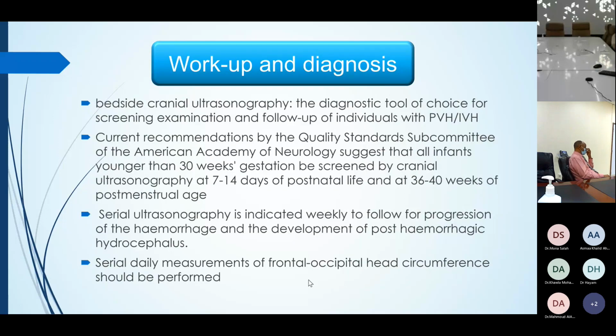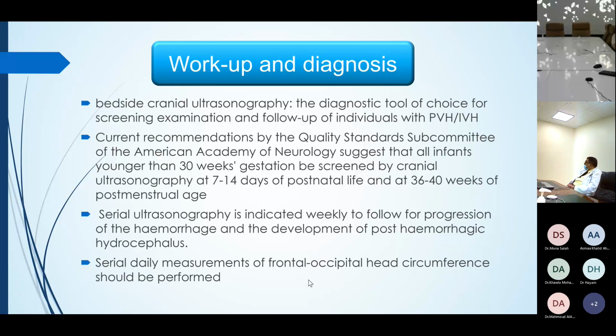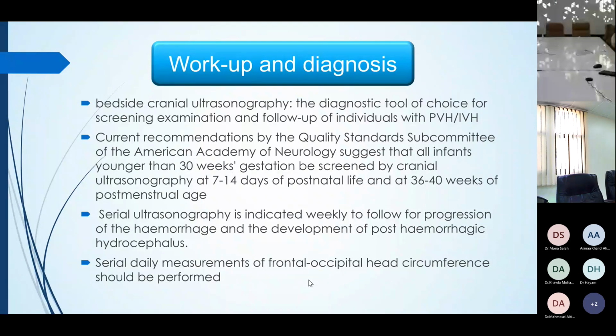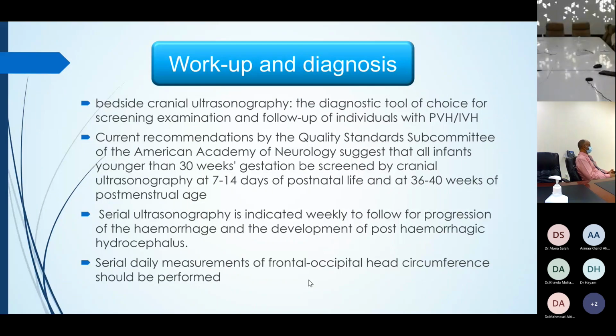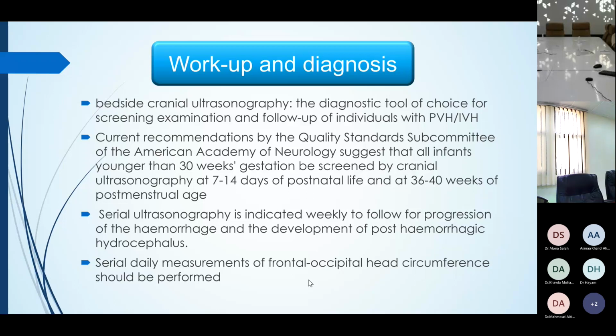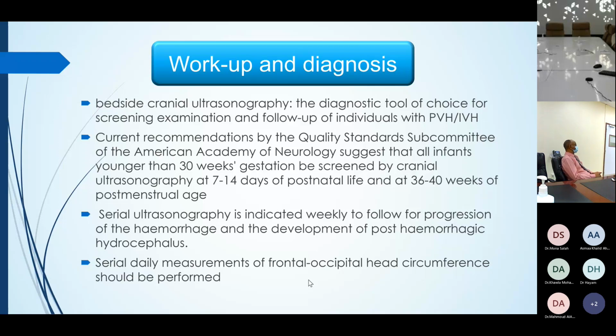Workup and diagnosis. Bedside cranial ultrasound is the diagnostic tool of choice for screening, examination, and follow-up of individuals with IVH. Current recommendations by the quality standards subcommittee of the American Academy of Neurology suggest that all infants younger than 30 weeks gestation be screened by cranial ultrasonography at 7 and 14 days of postnatal life and at 36 to 40 weeks postmenstrual age.